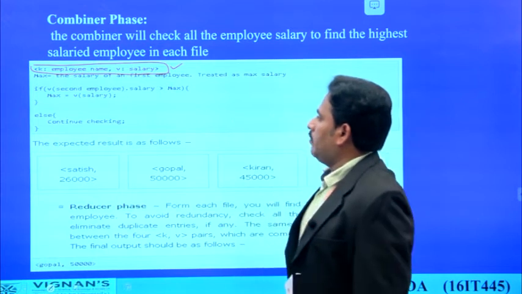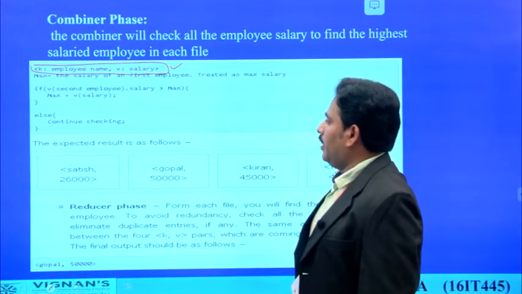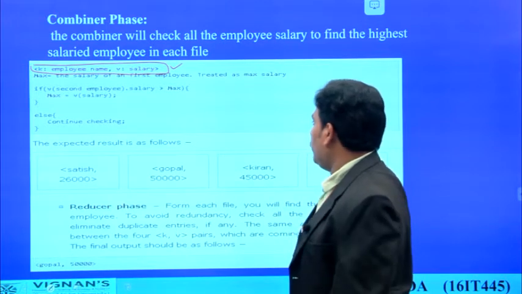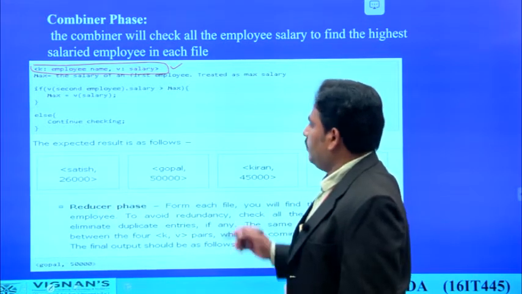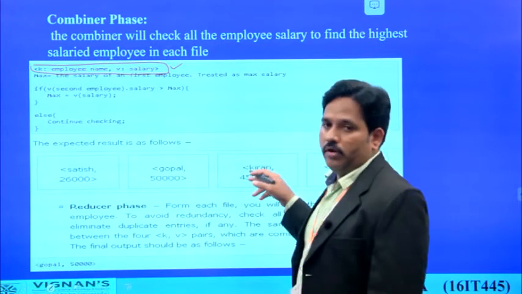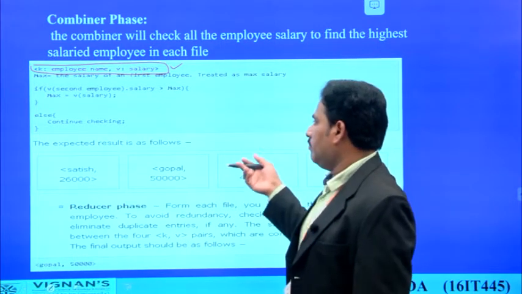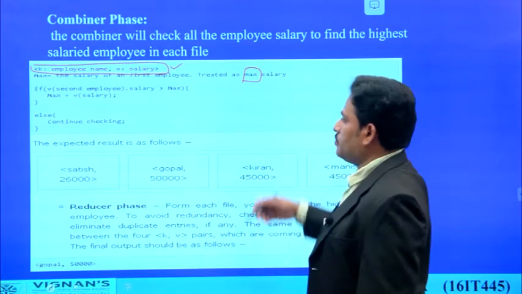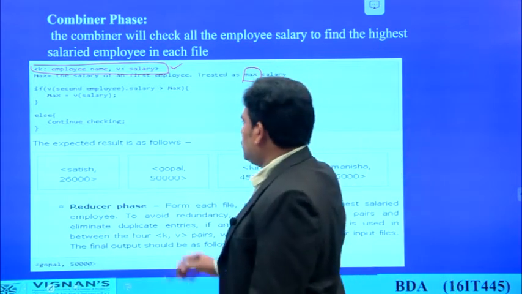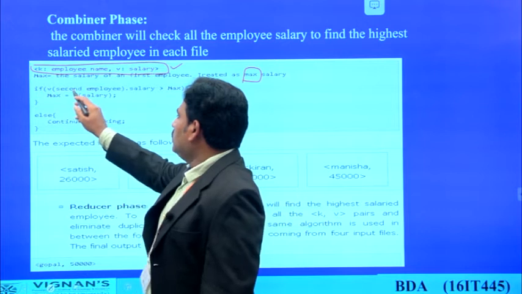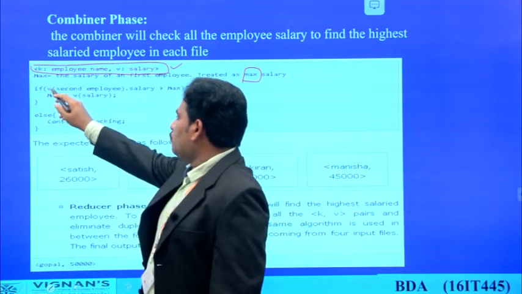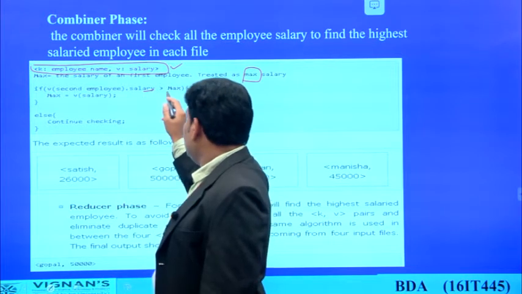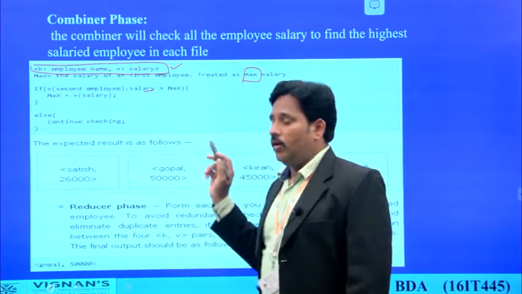Next, we declared a variable called max, which equals the salary of the first employee. That means the salary of the first employee will be taken as the default value for the maximum salary, in order to compare with the other values. Now, look at this conditional statement. It checks whether V, the value of the second employee's salary, is greater than max or not.